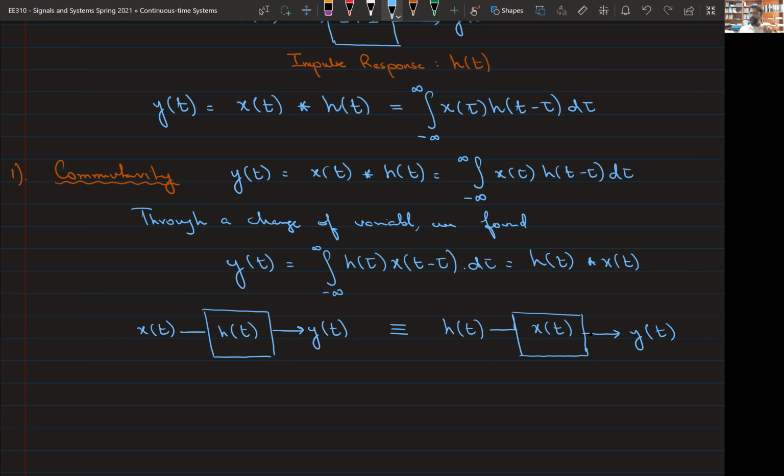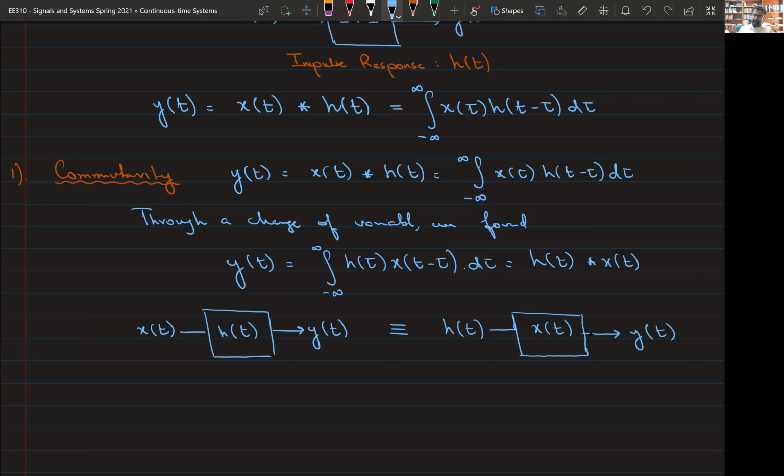Coming back to the point I was making earlier, Hamza, what I'm saying is not that a system with impulse response h of t and a system with impulse response x of t are exactly the same. They're not the same. What I'm saying is, if there's a system which has an impulse response h, and for that there's an input x, the output that I get is y.